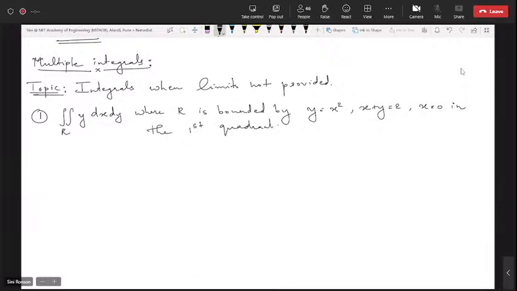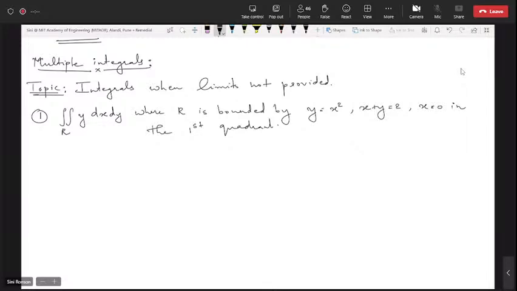Okay, so you can see this is very simple. You know these curves already. One is a parabola, the second one is a straight line, the third one is also a straight line. So we just need to draw these curves, find the limits, and then use those limits to integrate and get our answer. So we'll see what we are going to do.